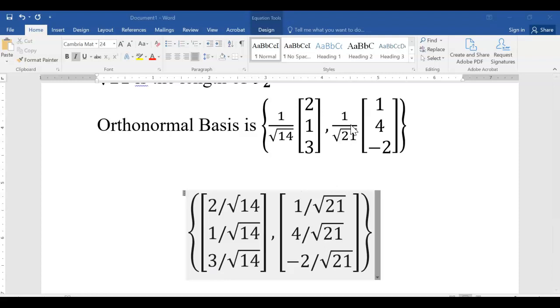If I distribute the 1 over square root of 21 into 1, 4, -2, I get 1 over square root of 21, 4 over square root of 21, -2 over square root of 21. Again, not very interesting, but there you go. Okay, if you're doing this on a test or something, it's perfectly fine to just leave this coefficient out front times 2, 1, 3, and this coefficient out front times 1, 4, -2.